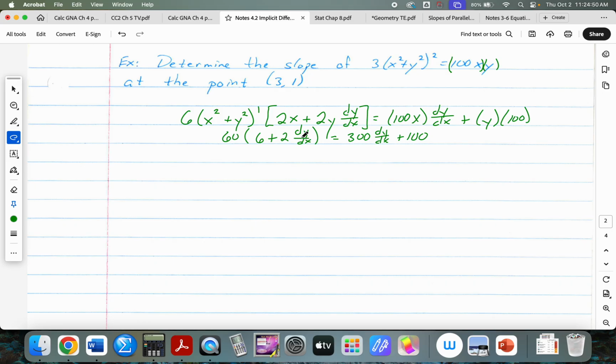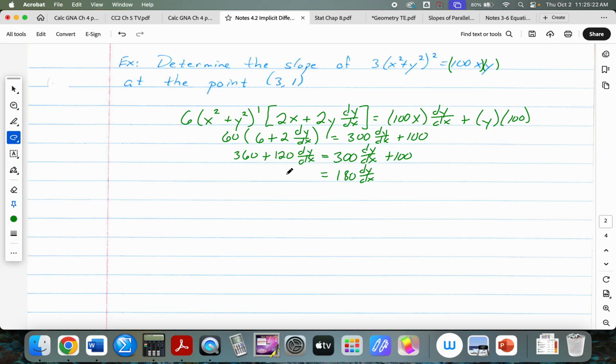I will still need to distribute, but this will be 360 plus 120 dy dx is equal to 300 dy dx plus 100. I'm going to subtract 120 dy dx from both sides. That's 180 dy dx.